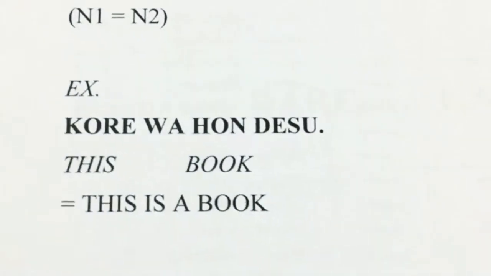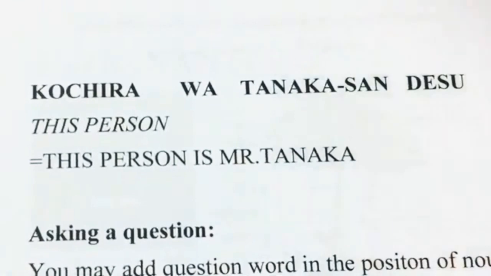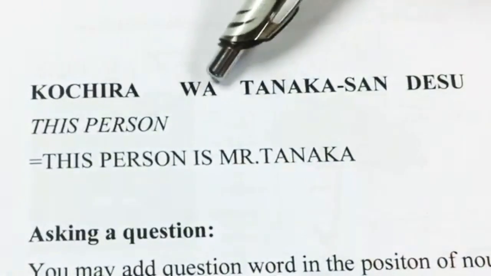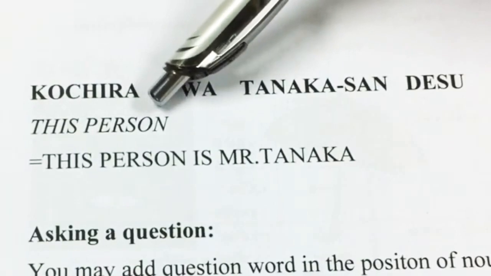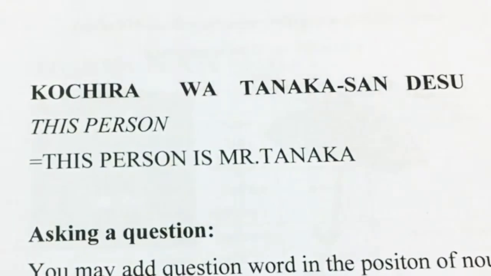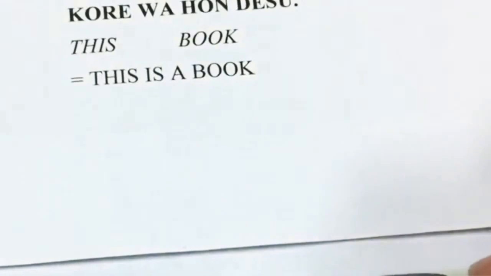So let's see another example. こちらは田中さんです。こちら means this person. There is a difference between using これ and こちら.